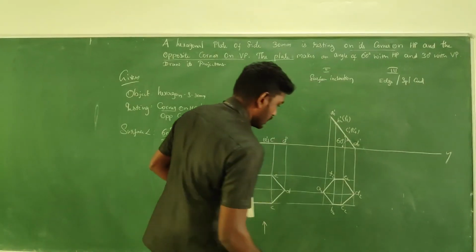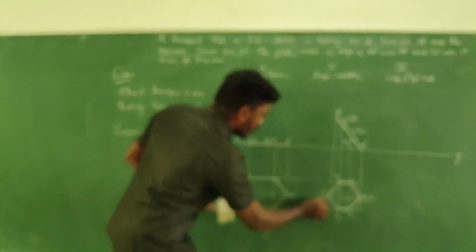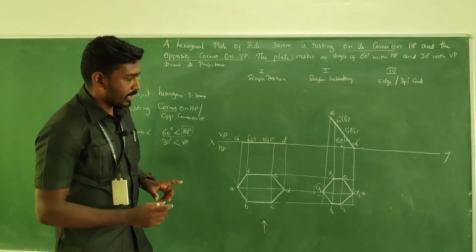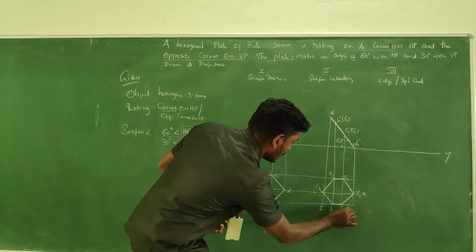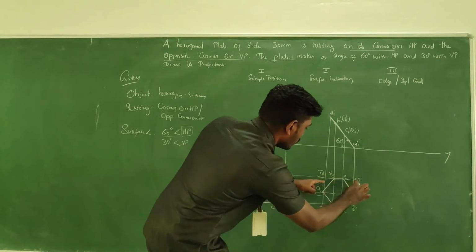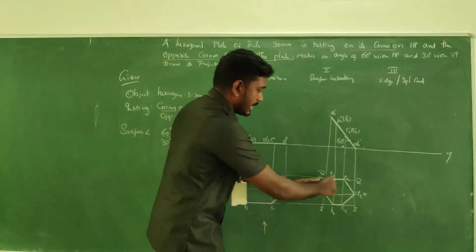So for that, see, this is the resting edge on HP. Now we are looking for the A, it should be on VP. So I can say this is 1, this is 2, this is 3, this is 4. I have named the boundary. Here you can see the boundary for the polygon. Am I right? I have taken this boundary.